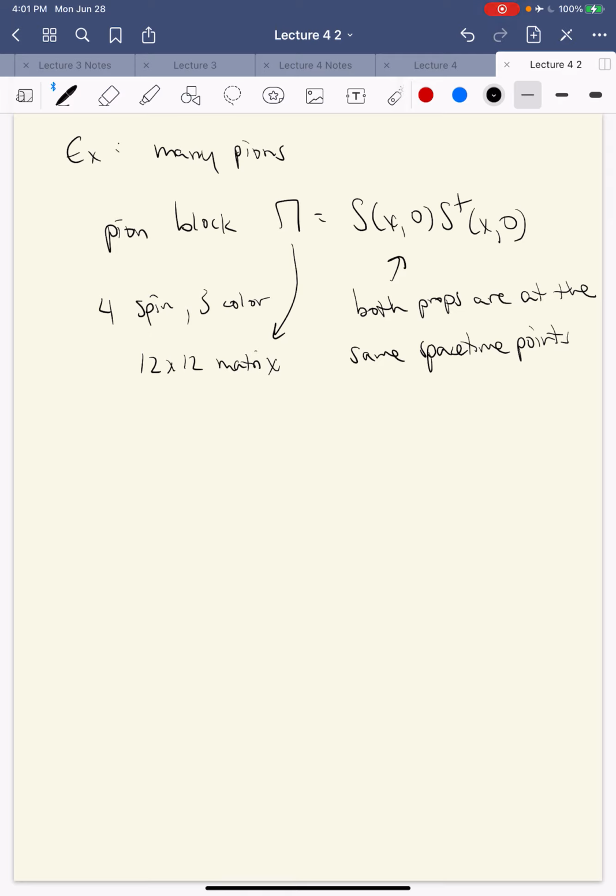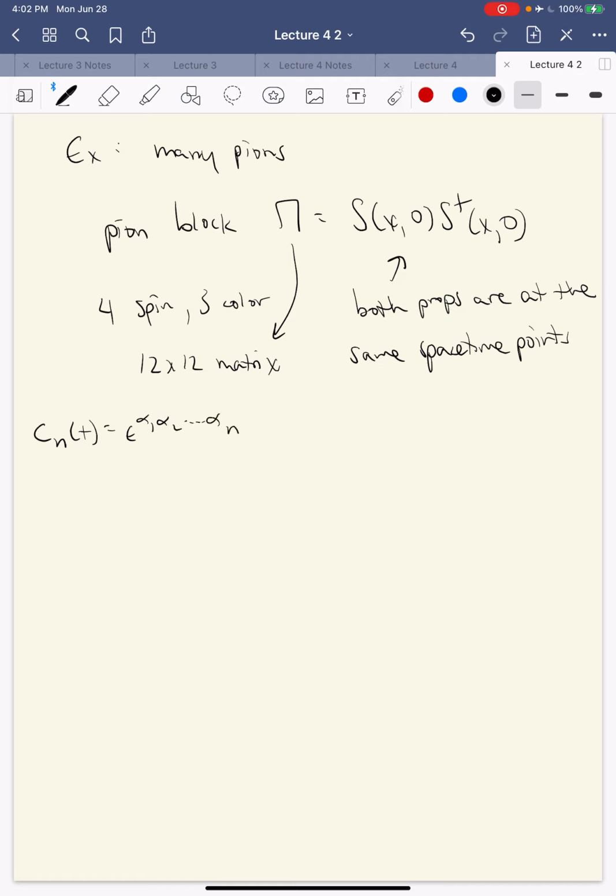So how do we do that? You can write an n-pion correlation function in the following way. In order to anti-symmetrize all the indices, we're going to introduce epsilon tensors, Levi-Civita tensors, the fully anti-symmetric tensors.